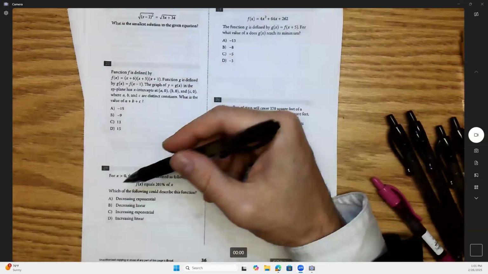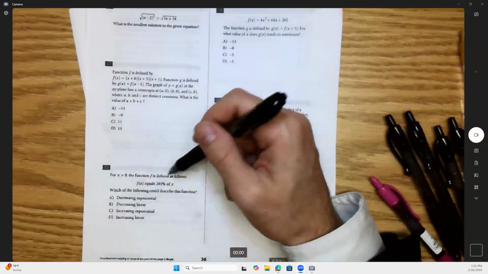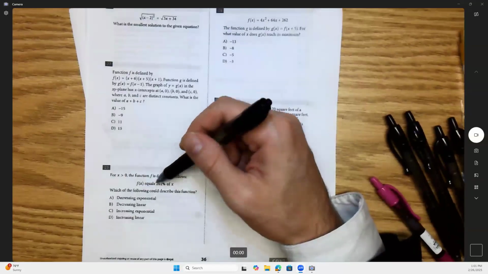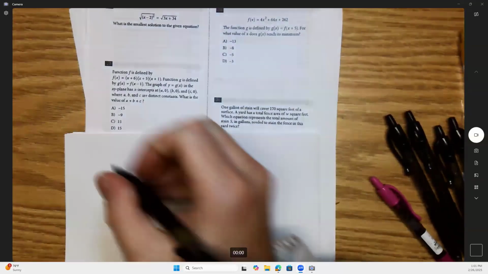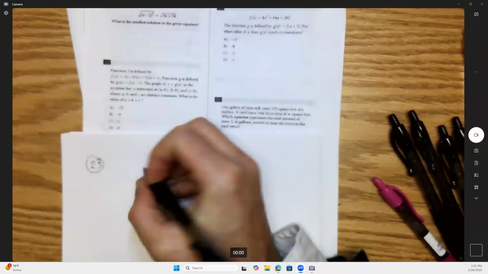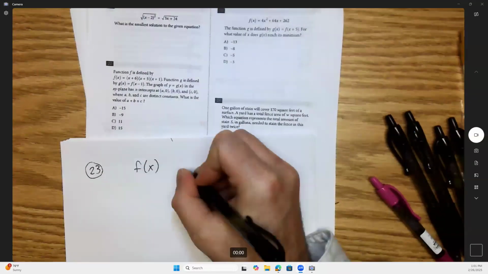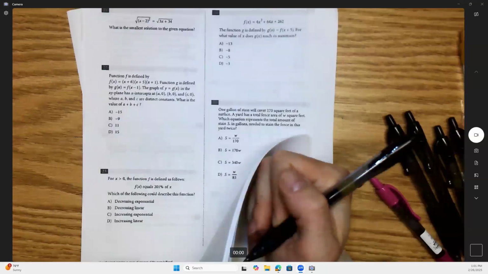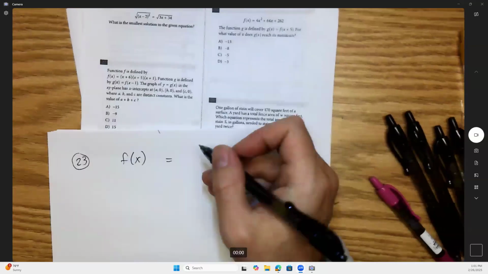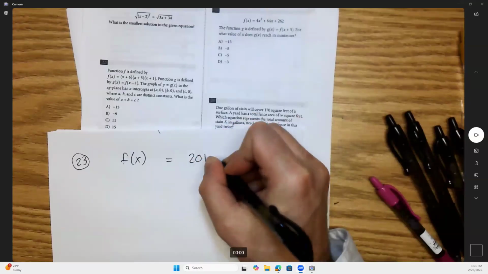Number 23. For x's only positive values, the function f is defined as follows. F of x is 201% of x. Let's do what we did a few minutes ago. Let's turn that into an equation. F of x equals 201% of x. Here, I'll go ahead and spell it out first.